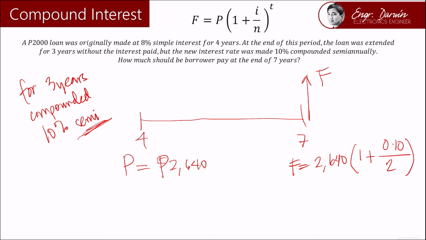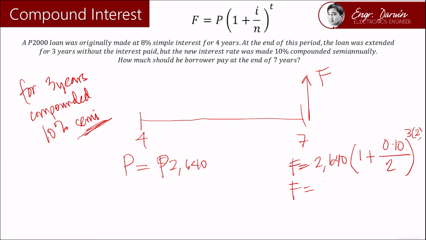It's exposed for around 3 years, then multiply it by 2 dahil siya ay semi-annual. So let's have our calculators to solve on this equation that we just came up with. Okay.